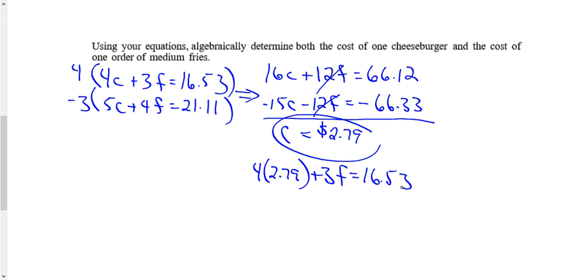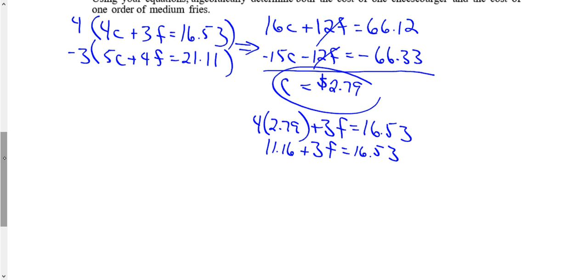What's that give you, 1116? Plus 3F equals 1653. Let's subtract 1116 from both sides. That goes away. We get 3F equals what?